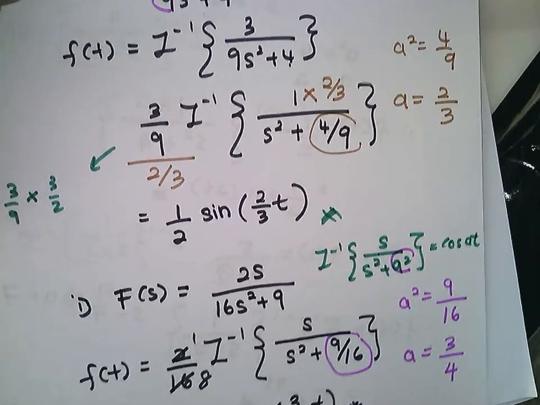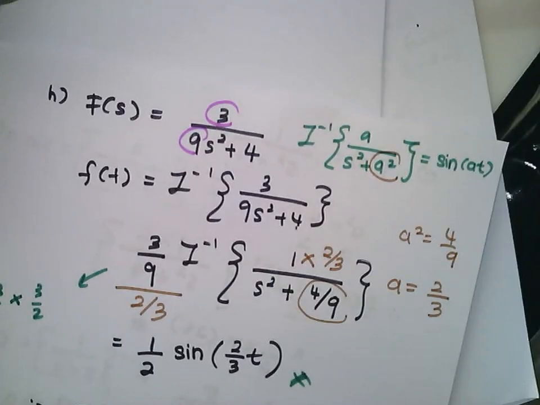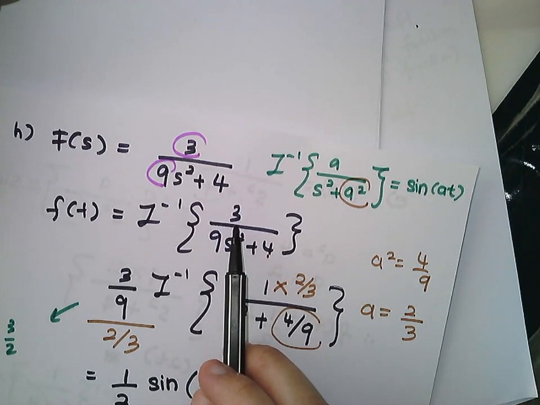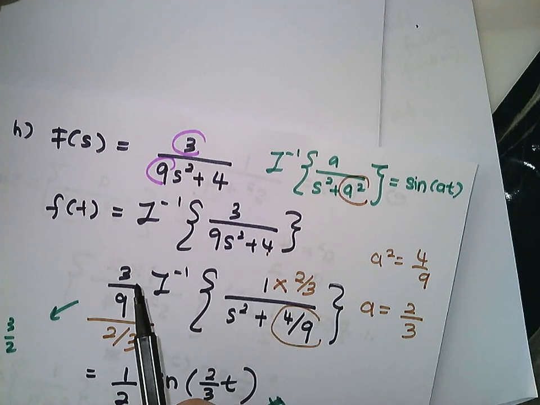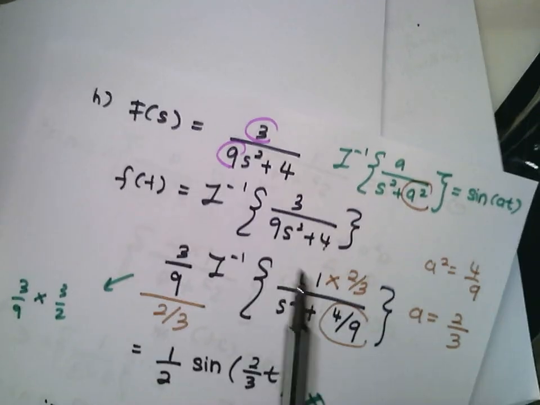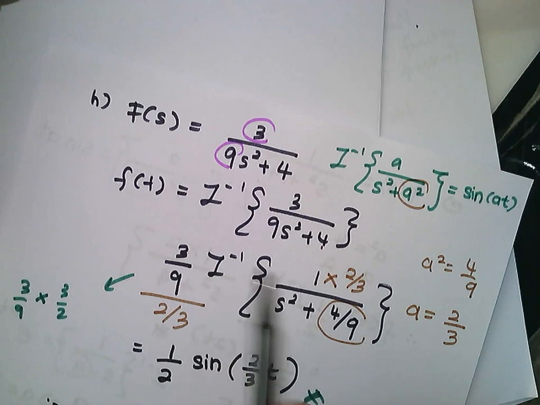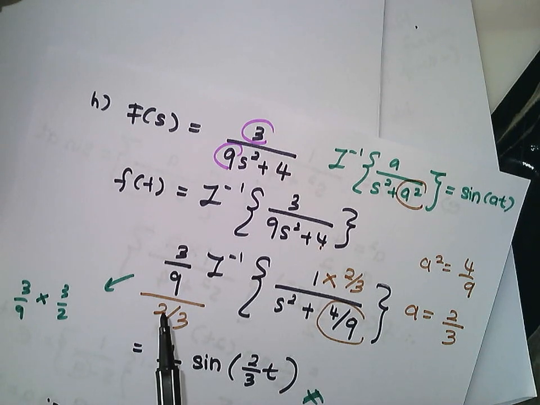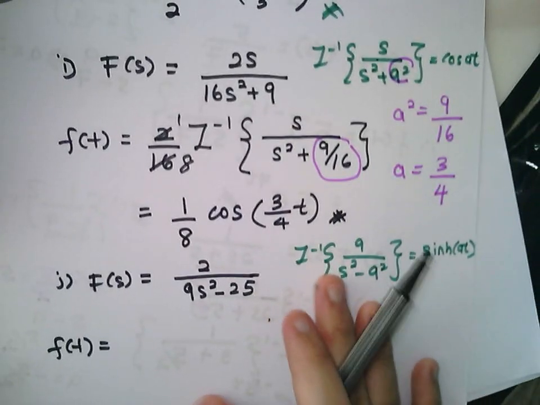As you can see in the previous example, I have 3 here. 3 is also a constant, but what I did is I first factorized 3, because you don't know yet what your a is. So factorize 3 first, then get your a, then multiply by your a, then divide by the same constant. So the same process here.